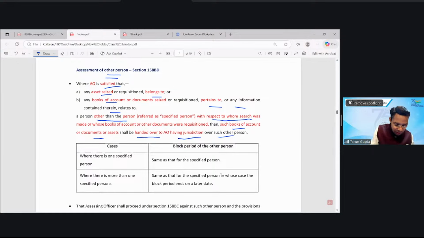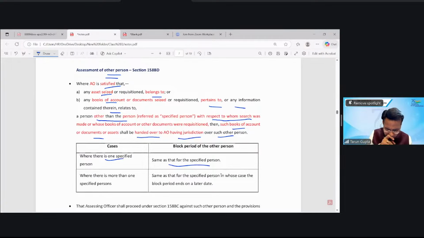And the block period for Mr. A shall be, where there is only one specified person, where the search has happened only in case of the builder, same as that of the specified person. So whatever block period we computed for the builder, the same block period shall be applicable for Mr. A, whose document or asset has been found in the premises of the person who has been searched.